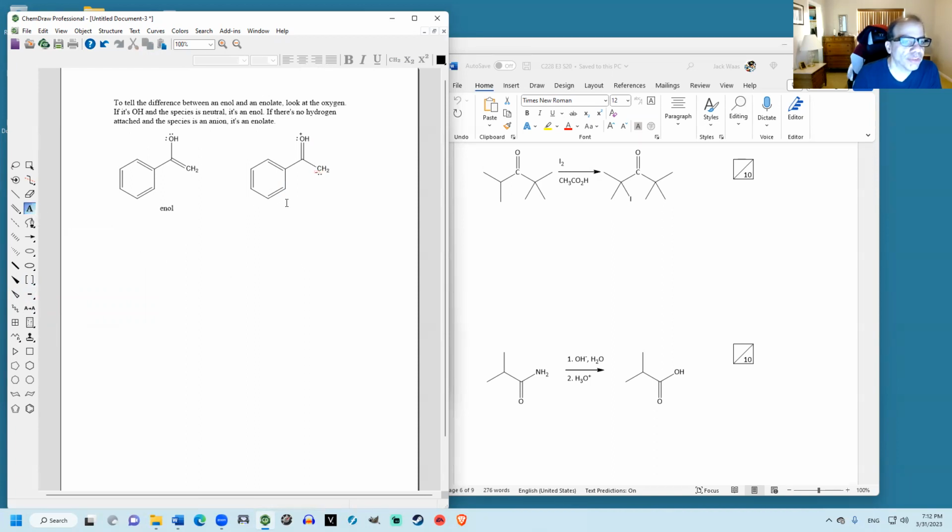There's an H on the oxygen. And the overall thing is neutral. There's a plus charge and a minus charge, which altogether make neutral.